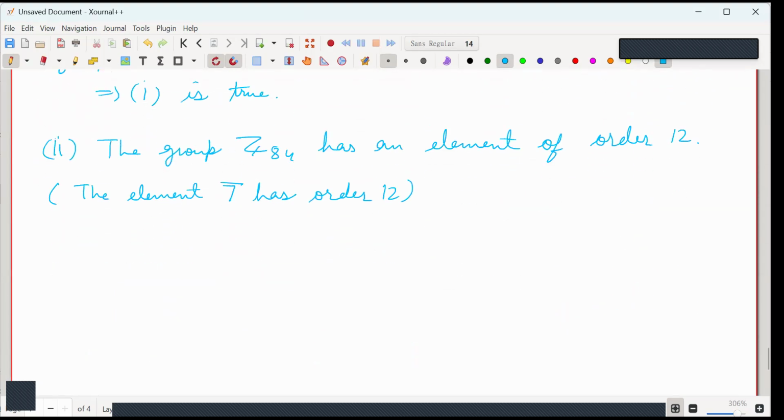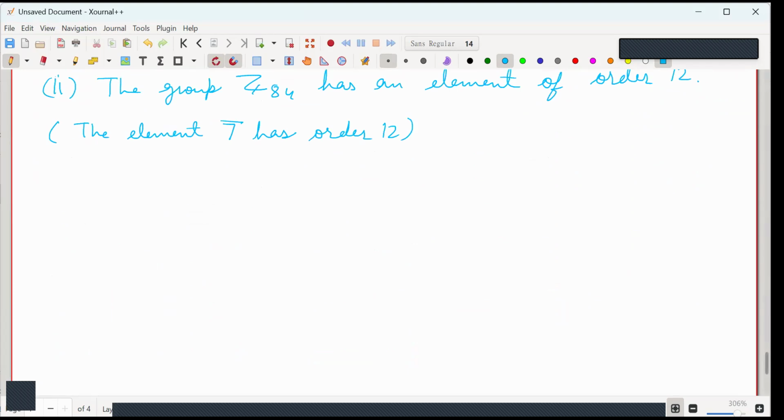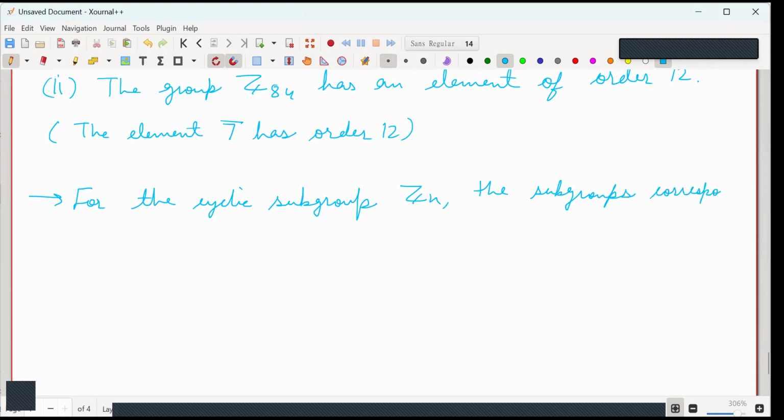Let me write it. For the cyclic group Zn, all subgroups correspond to a divisor of n.